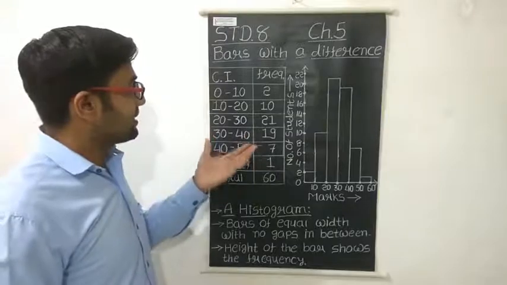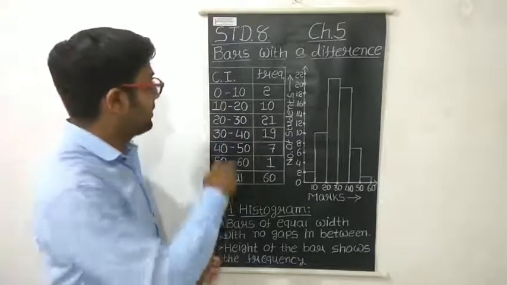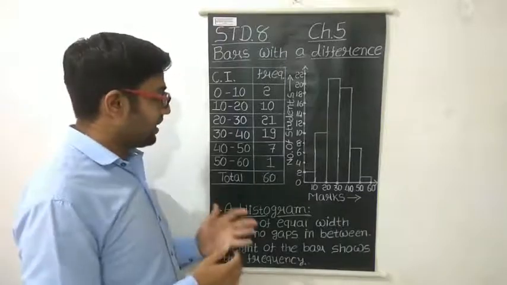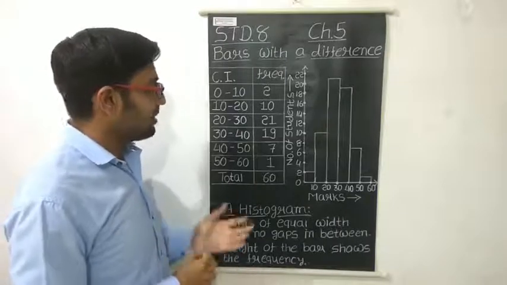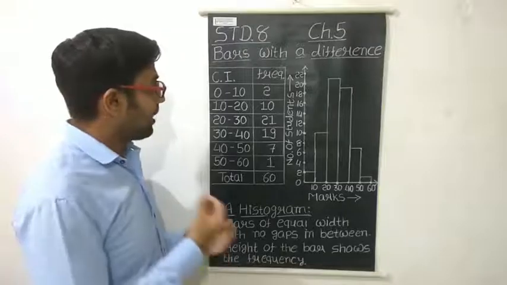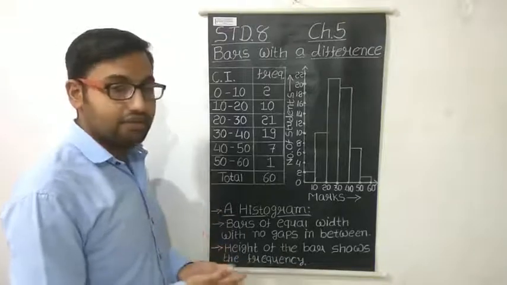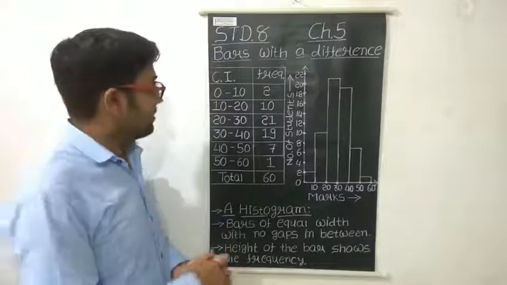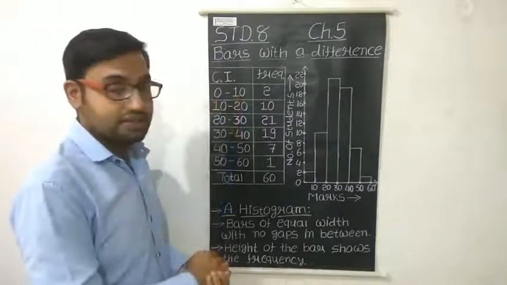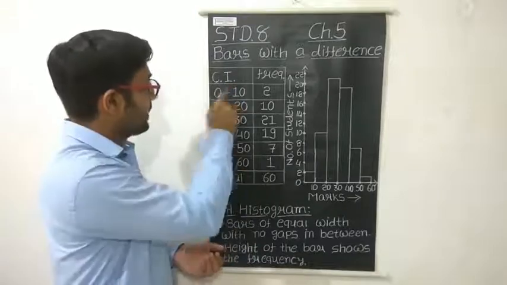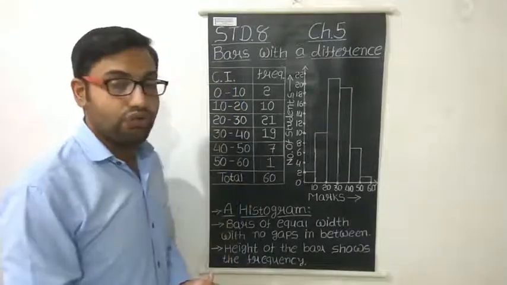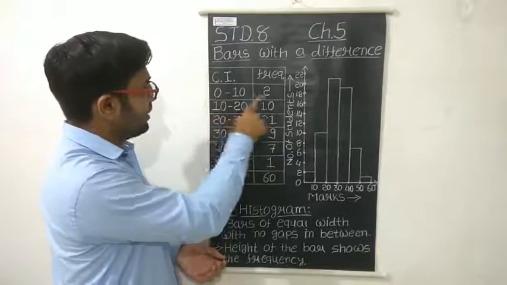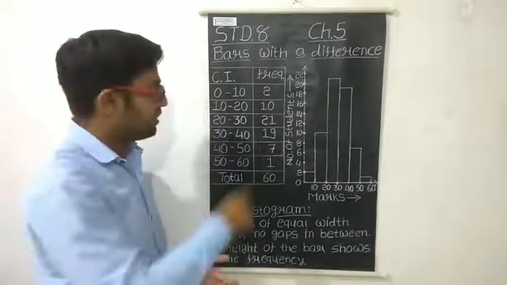See, suppose there is an example of 60 students who got marks in a mathematics test, and the marks they got we distributed using this distribution table. So here we have made the classes. The first column is class interval and the second is frequency. The number of students who got marks between 0 and 10 is 2.